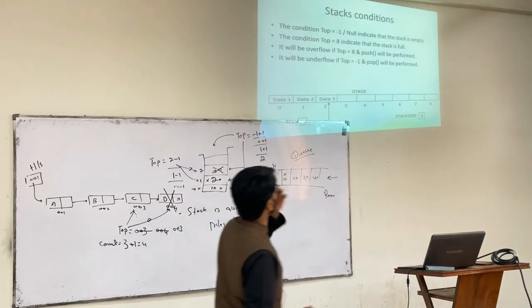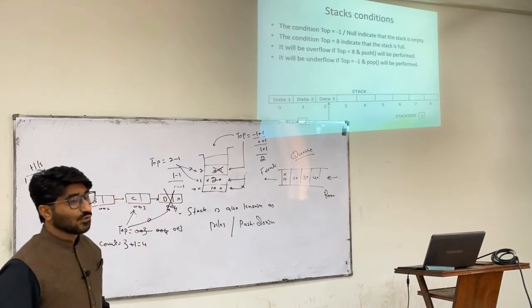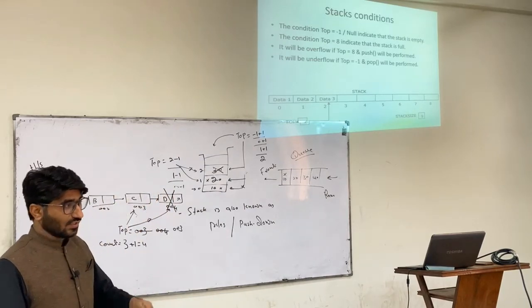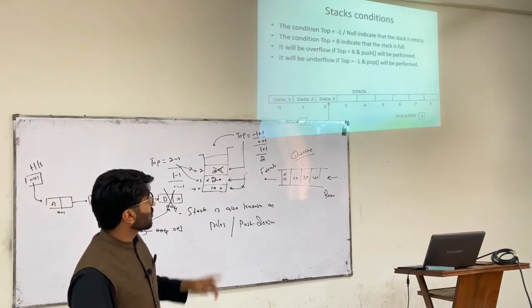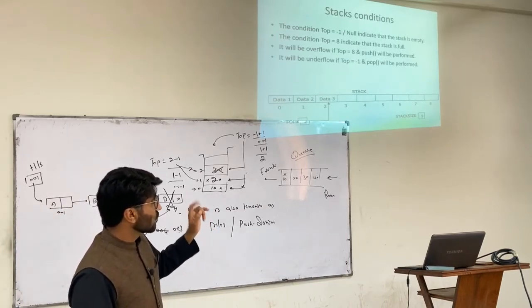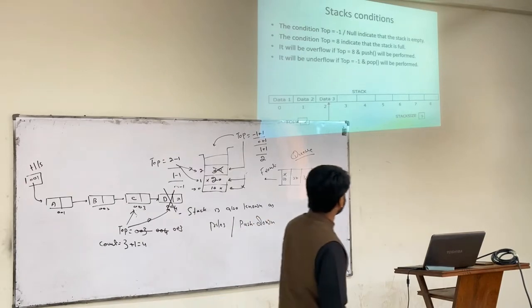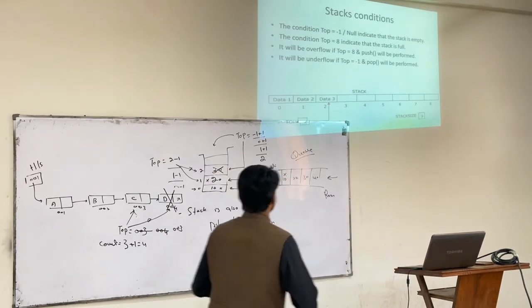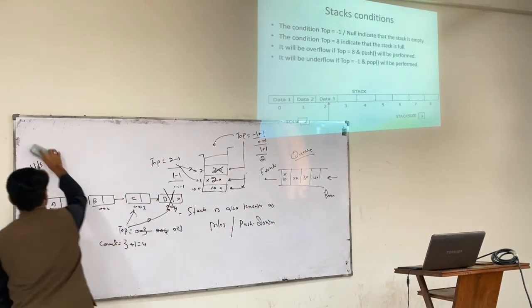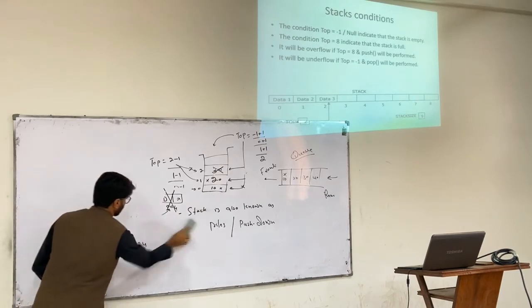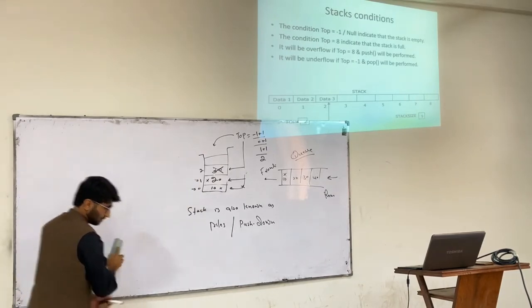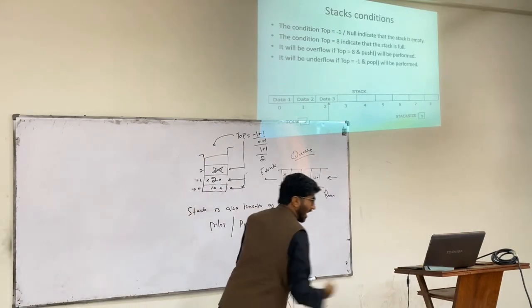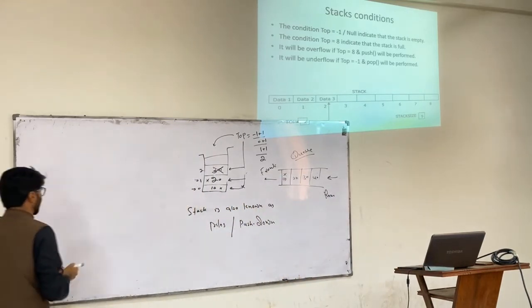So if you can see this one, you need to understand a few conditions when you work with array representation of the stack. Condition number 1, the condition top is equal to -1 or null. Let's suppose again, this is an array, now I'm working with the array representation of the stack.